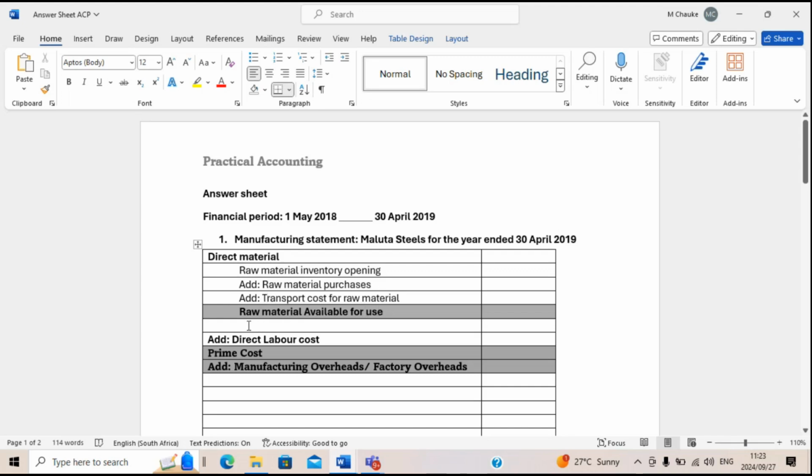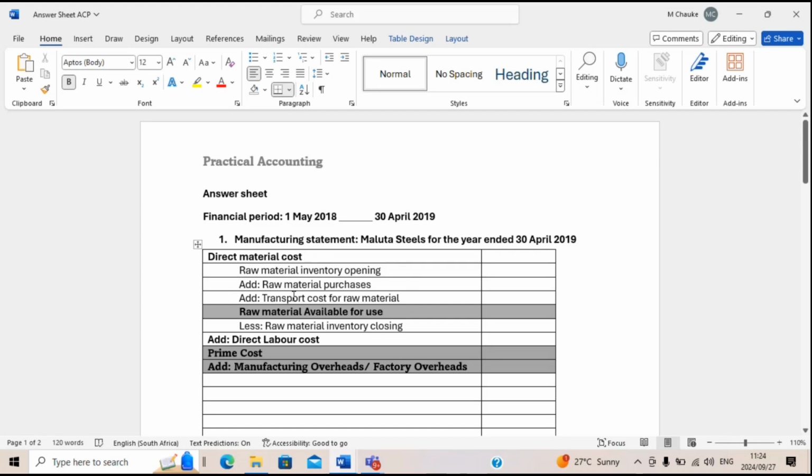And then after that, you're going to less raw material inventory closing. Right? After we have completed this format, we will be able to get our direct material cost, or direct material used, right?